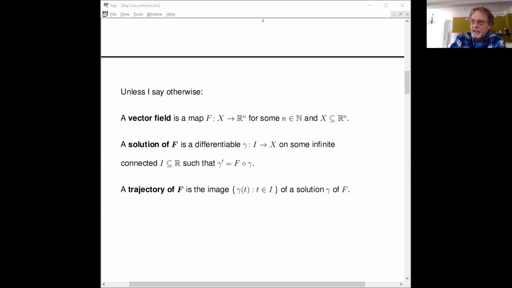Now, I mentioned probably in the introductory workshop that these two are fairly standard, although this one usually comes with more strings attached. But trajectory is used in a lot of different ways by a lot of different authors. So this is mine. It's really just the trace, if you will, of a solution. So we know these pictures from undergraduate ODE theory.